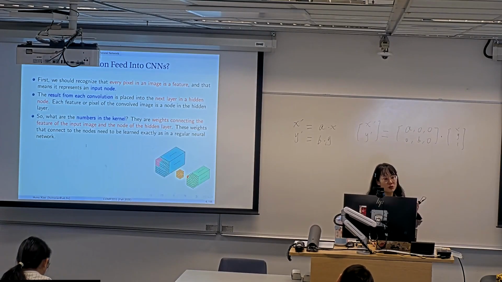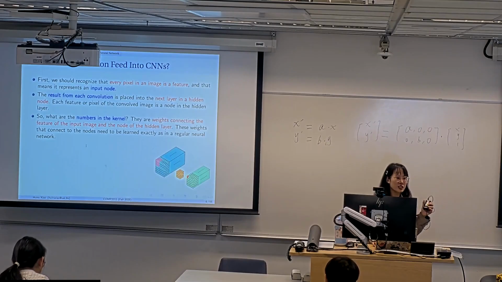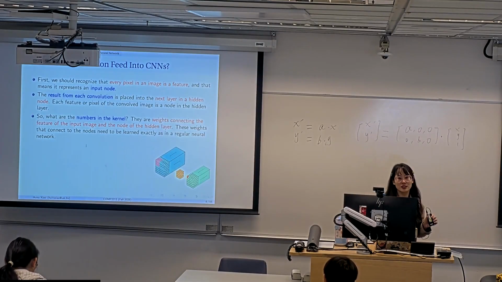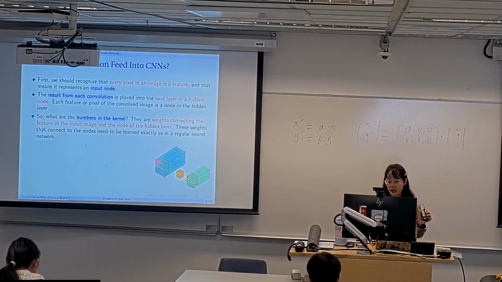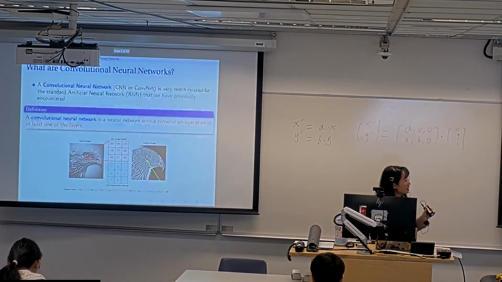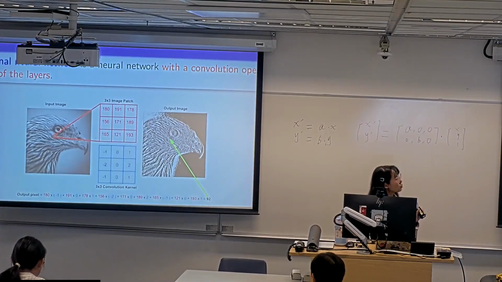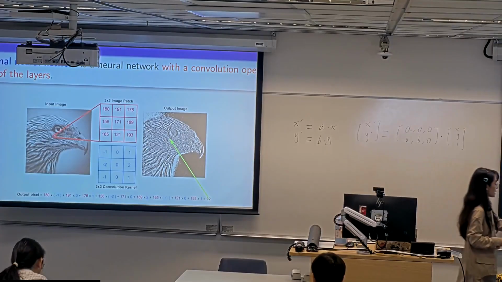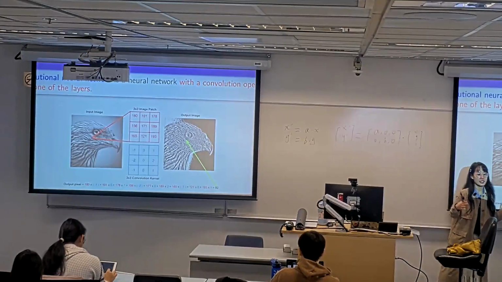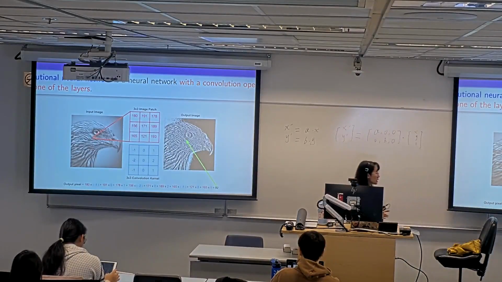And why do we also call it weights? Because these weights are also deciding how important each feature is. If we look at this figure, we can try to get a sense. When you try to get the output value, you are doing such multiplication, right? And then adding them together, doing the sum.